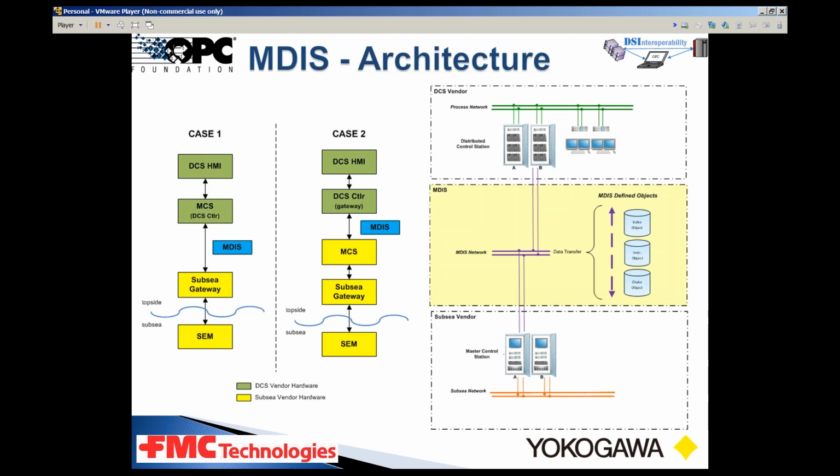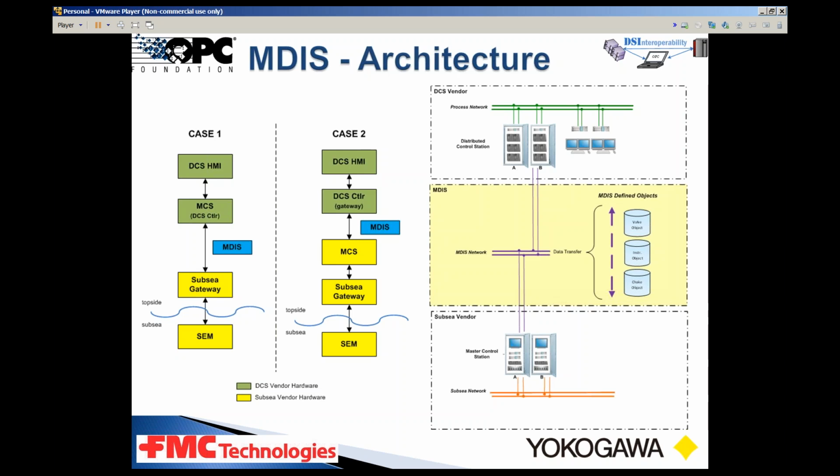In the alternate architecture, there's a DCS vendor that provides the platform controls and displays. Then the subsea vendor provides the control equipment and the controls for the subsea equipment, and they communicate through their own gateway. The difference here is in the amount of information that needs to flow between the systems. If you need to have all of the controls in the DCS, then more information has to come up through the subsea.